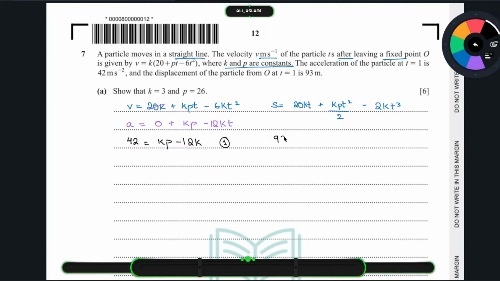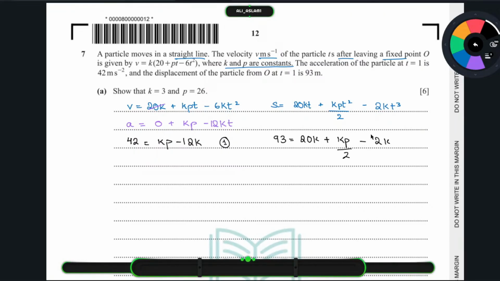So 93 is equal to 20k plus kp over 2 minus 2k.